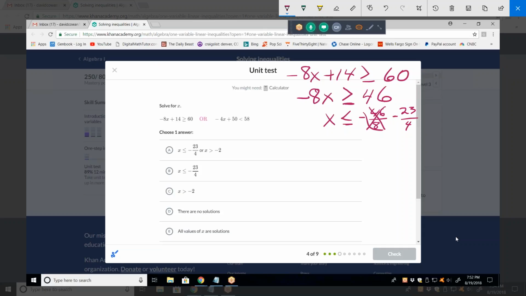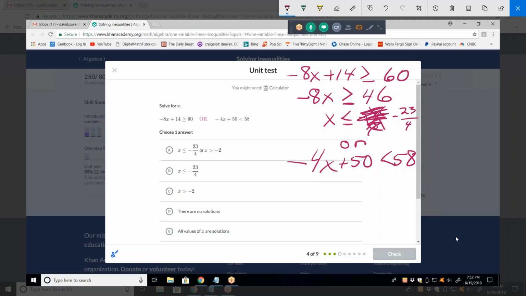Now, can I reduce that? No. Same reason: 23 is prime and 4 is not. 46 would work, but the denominator has to be a multiple of 23 or it's not going to simplify. Now, or minus 4x plus 50 is less than 58. Solve that.